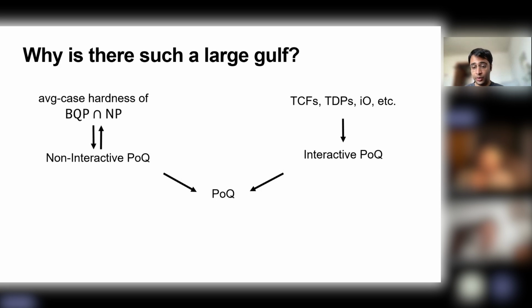And this is a problem because if you say tomorrow come up with some new lower bound for proofs of quantumness, say proofs of quantumness imply P not equal to NP, or imply one-way functions, let's say, this lower bound would have to be implied first by all of these crypto assumptions that give you interactive proofs of quantumness. But also, separately and independently, the same lower bound has to be implied just from average-case hardness of BQP intersect NP.